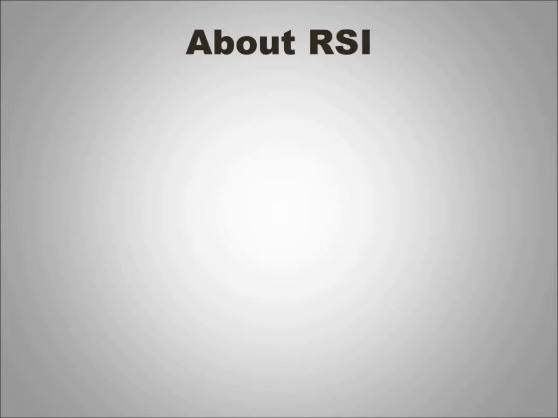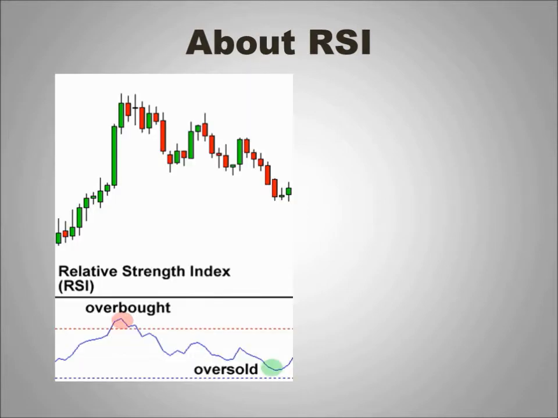Now let's talk about the relative strength index. It works like this. It simply tells us whether the market is overbought or oversold. So when we see the two lines in the overbought zone, many investors will go short. And if the lines are in the oversold zone, many investors will go long.